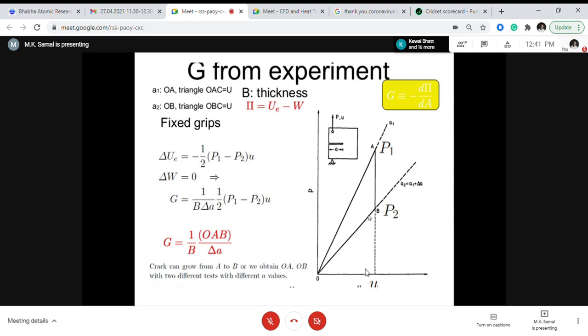All these are within the domain of linear elastic fracture mechanics. Later we'll see that LEFM will not be applicable when there is a lot of plastic deformation. When the plastic deformation exceeds a certain magnitude, you have to go to the concept of J integral. In this line we will be covering the portion on fracture mechanics.